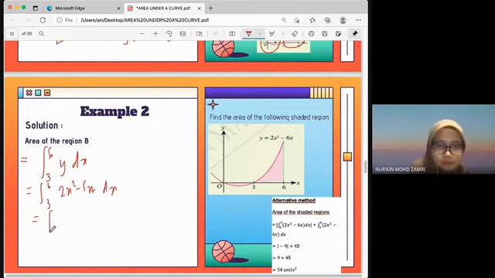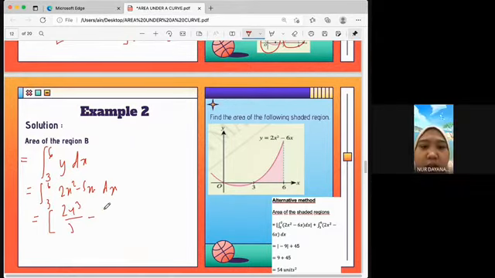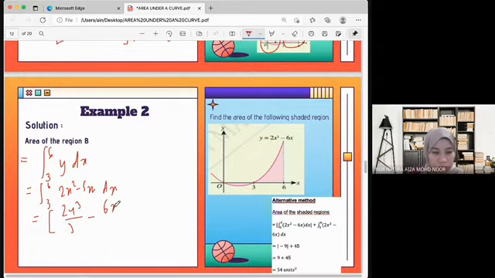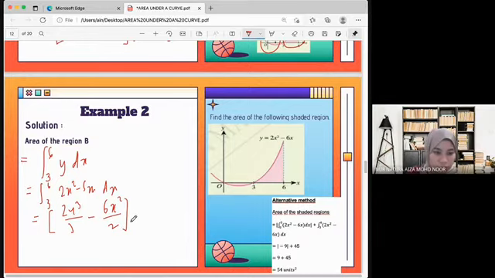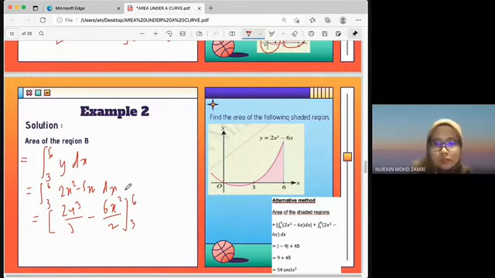You will get 2x cubed over 3 minus 6x squared over 2, close bracket and put the limits 3 and 6. So the difference between region A and region B is only the limits. So you can just substitute the upper limit minus the lower limit. So what will you get, students?